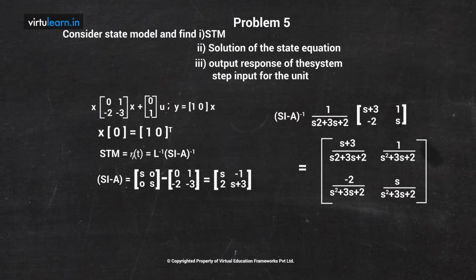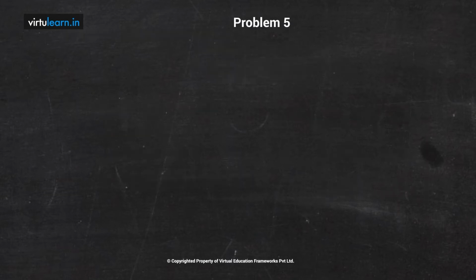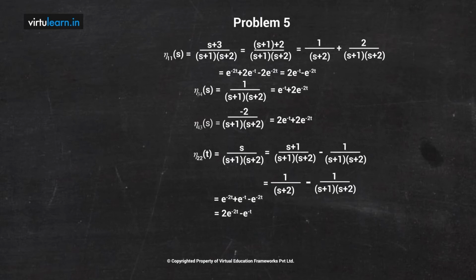We have readily available formulas to find the inverse Laplace transforms, and individually you can find phi 11 of s, phi 12 of s, phi 21 of s and phi 22 of s. If we find these individually, we get the final result phi of t as 2 e power minus t minus e power minus 2t, e power minus t minus e power minus 2t, minus 2 e power minus t plus 2 e power minus 2t, and 2 e power minus 2t minus e power minus t.